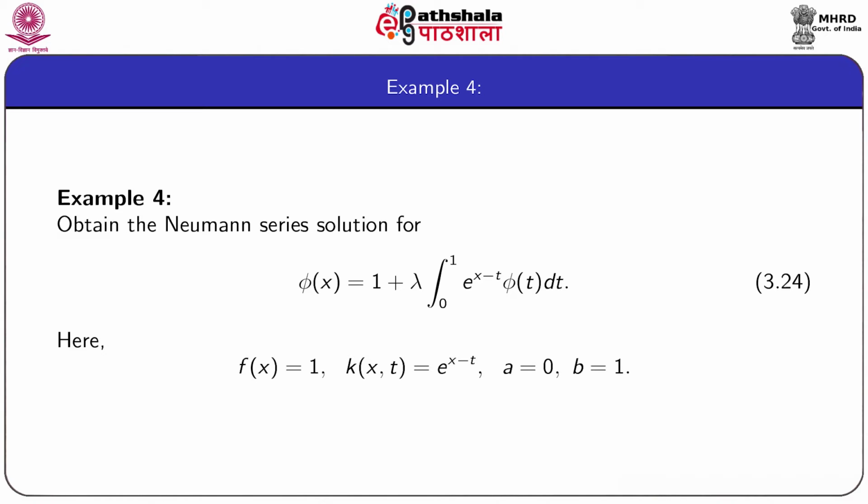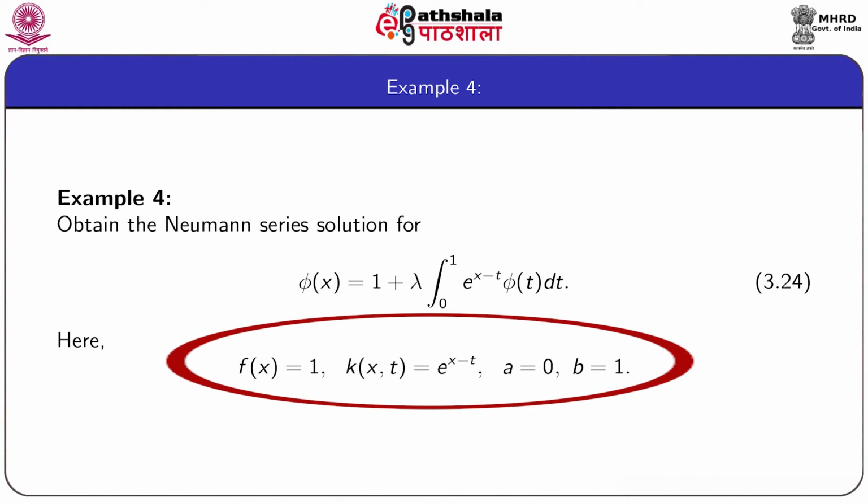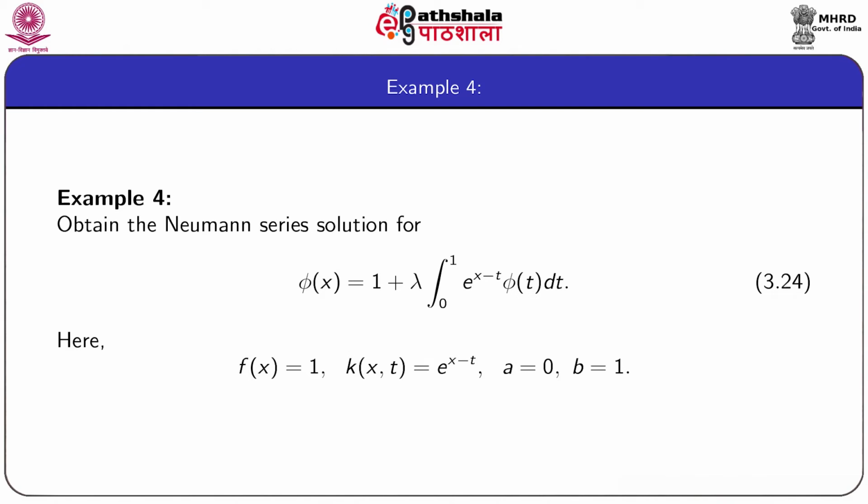Here the forcing function f(x) is equal to 1, the kernel K(x,t) equal to e^(x−t), the lower limit of integration a is equal to 0, and the upper limit of integration b equal to 1.